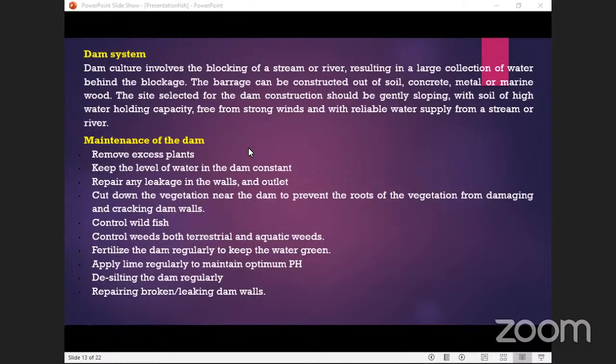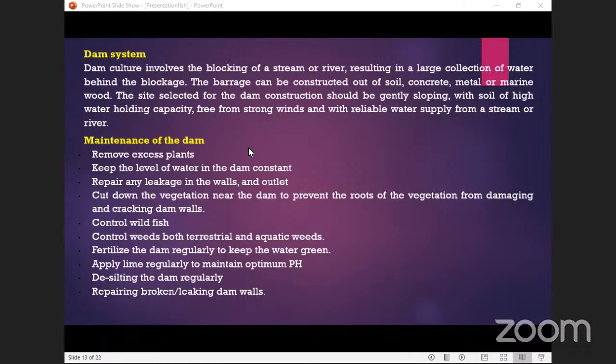And then the other point says, fertilize the dam. Why should you apply fertilizers? To encourage the growth of planktons. Make sure that the dam is having green water, because such materials, the living organisms that grow inside the water, are used as food for the fish.